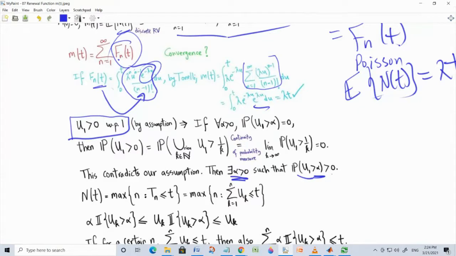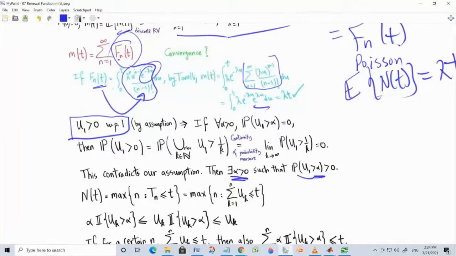So the idea is that if you know that a random variable is almost surely positive, then there is always some value alpha such that the probability of U1 greater than alpha is strictly positive. And how can we show that? Well, you can do it by contradiction.